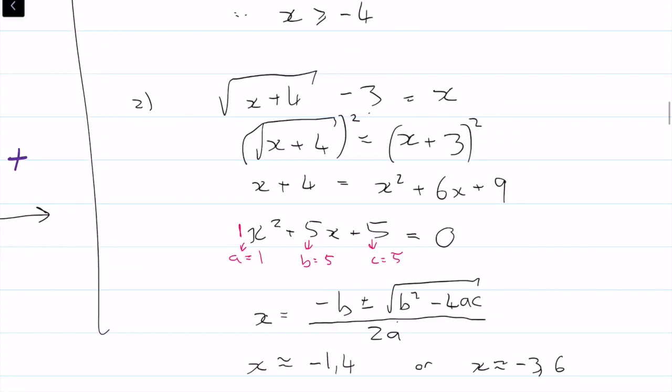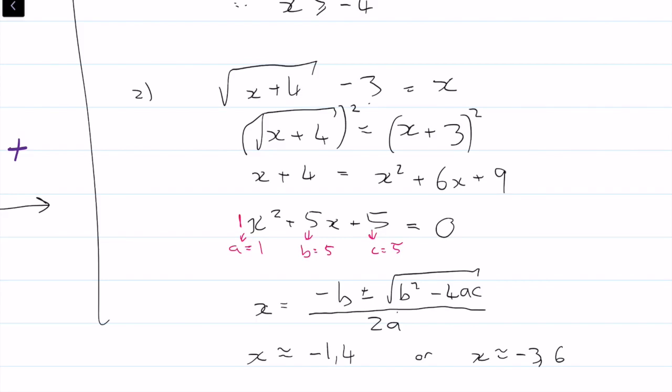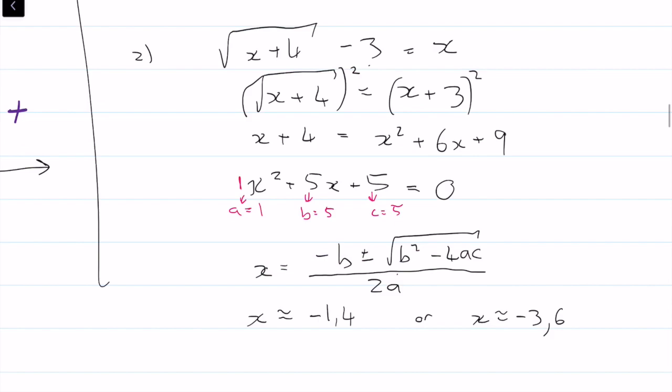Okay, and using that above criteria, I already know that x must be greater than or equal to minus 4. Okay, so basically what we can say is that both the solutions are valid, because if I substitute minus 3.6 in, that still works, so therefore both of these solutions are valid.